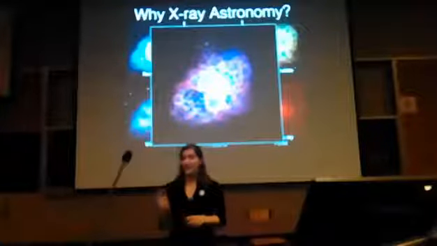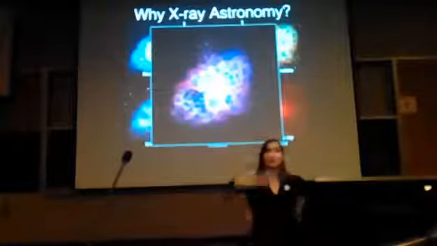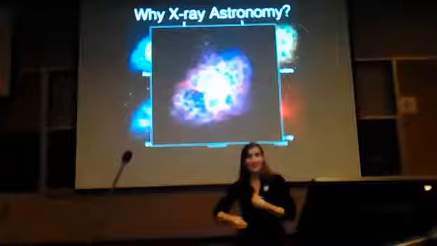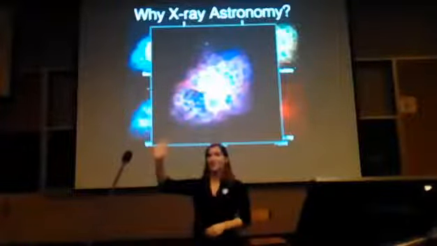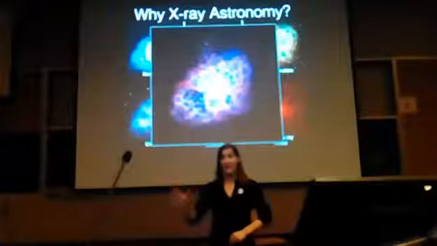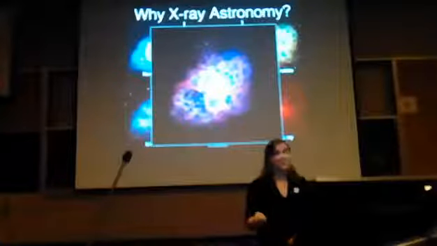So if you put two images together, for example, this is the visible from Hubble and the X-ray in the light blue in the middle, what you're seeing is the supernova shell on the outside, and on the inside, the X-rays look through that supernova shell, very similar to the way your X-rays look through the skin of your hand, and we can see that there's something going on inside.